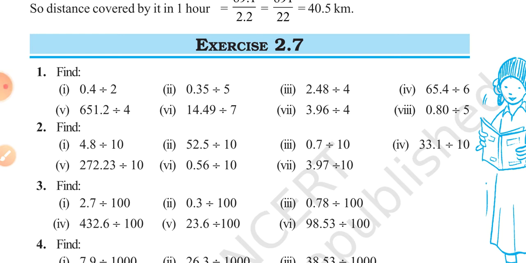The second question, find 4.8 divided by 10. Now students, here we have to divide the decimal number by 10. The digits will remain the same, only the point will shift by one position towards the left.